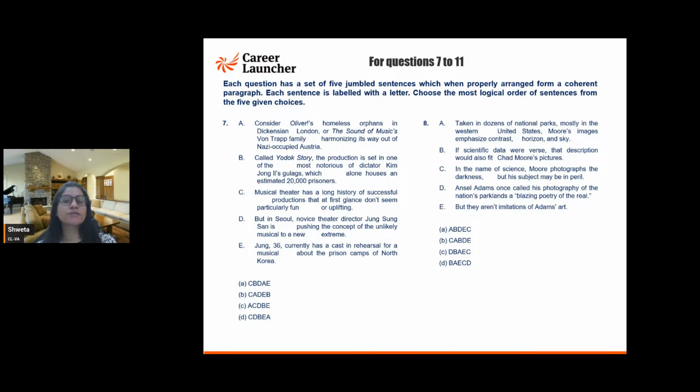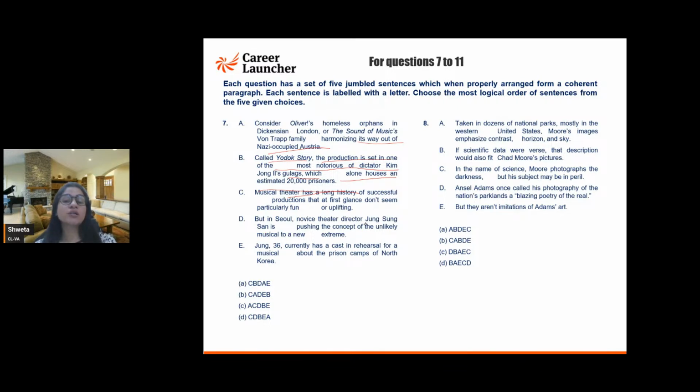Consider Oliver's homeless orphans in Dickensian London, or The Sound of Music's one Trapp family harmonizing its way out of Nazi occupied Austria. Called Yoduk Story, the production is set up in one of the most notorious of dictator Kim Jong Il's gulags, which alone houses an estimated 20,000 prisoners. Music theater has a long history of successful productions that, at first glance, don't seem particularly fun or uplifting.